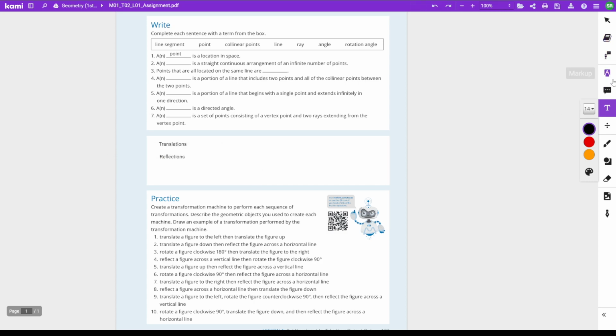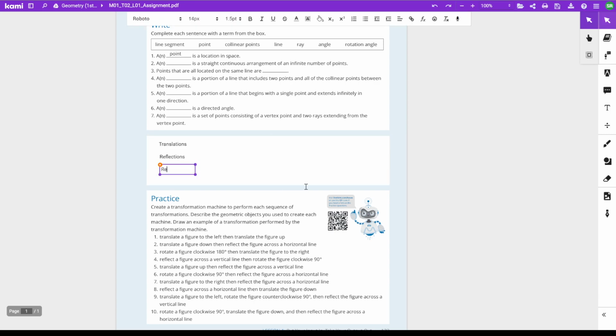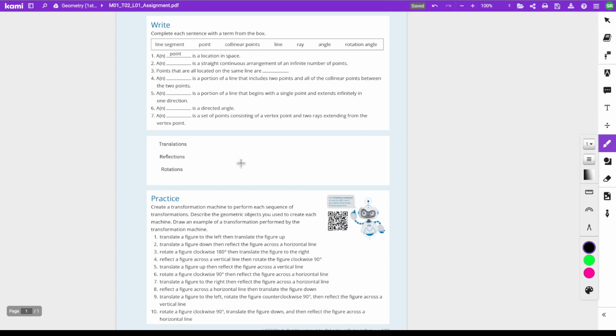Okay, so now the last transformation that we need to know how to represent is going to be our rotations. Okay, and the rotations we're going to represent with a rotation angle. Okay, so this would be an example of a rotation angle. For this assignment, all of our rotations are either going to be 90 degrees.